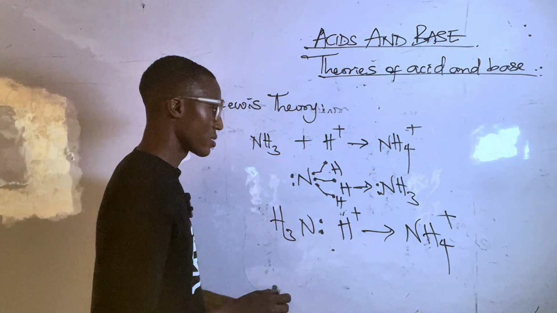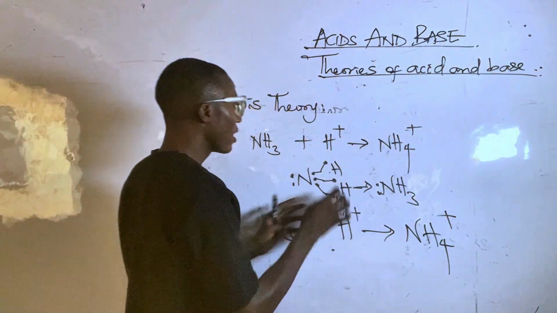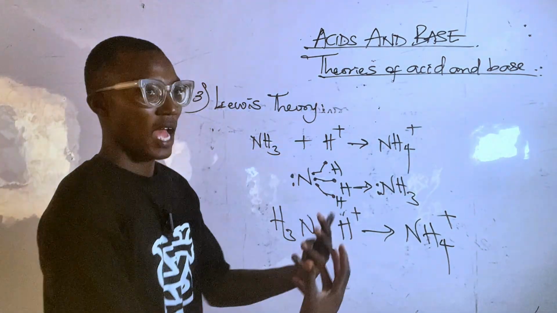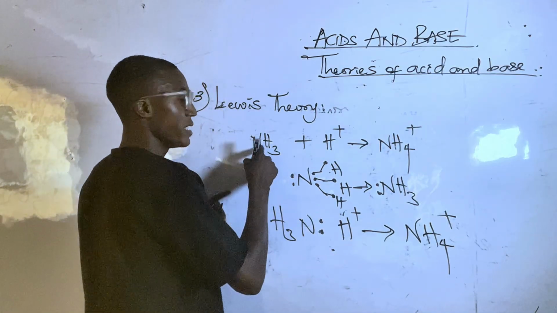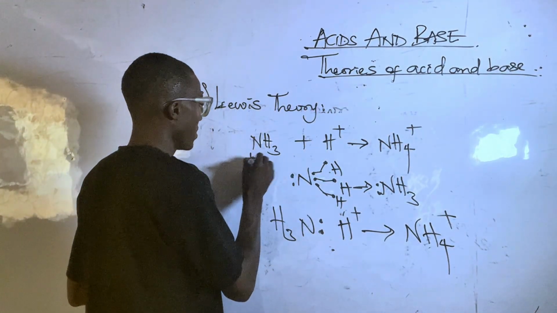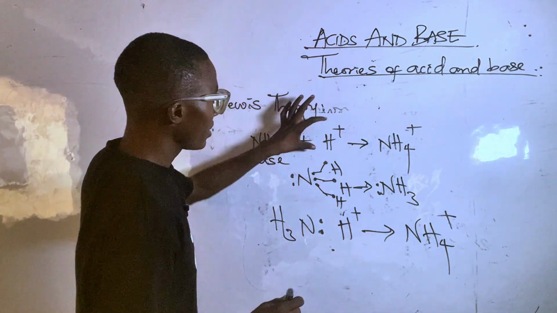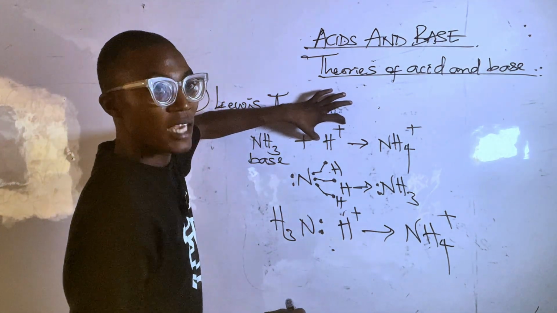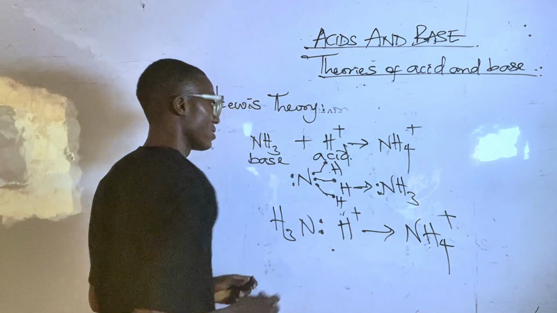So looking at that, the ammonia is donating while the hydrogen is accepting. Tentatively, the ammonia that is donating is the base, while the hydrogen ion that is accepting is the acid.